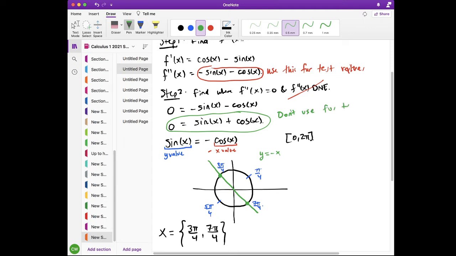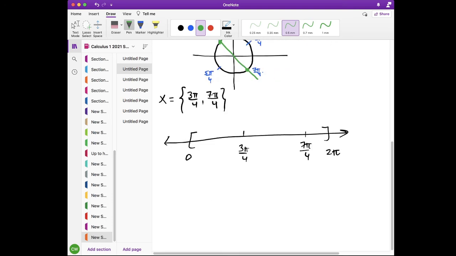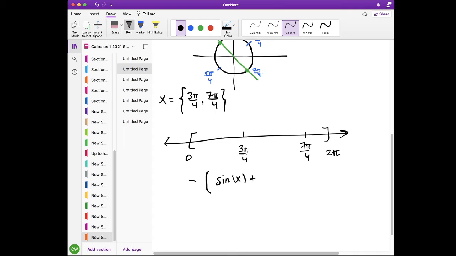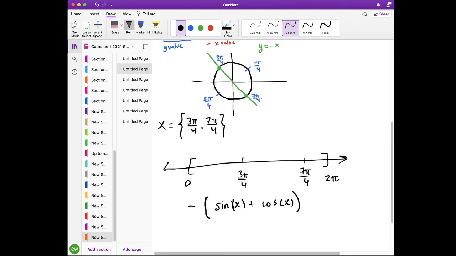Does that make sense why? When you do a test value here, you're going to get a number, but what it actually is in the derivative is the negative of that. Right? This is the second derivative. Okay, let's do some test values.